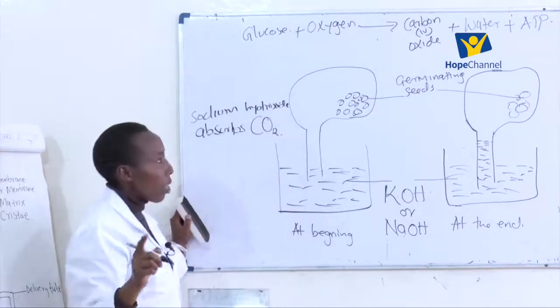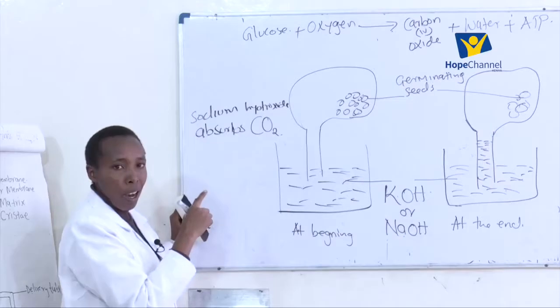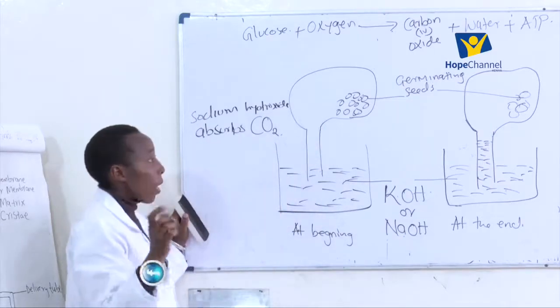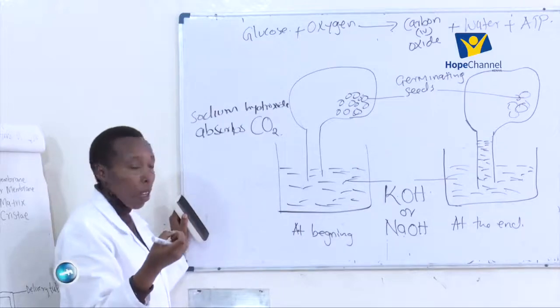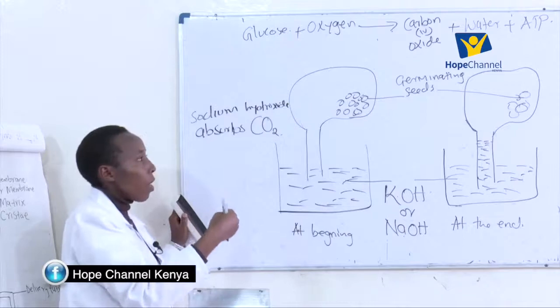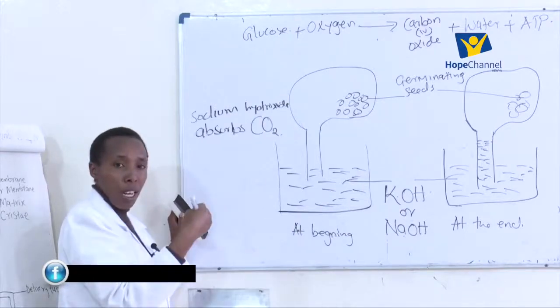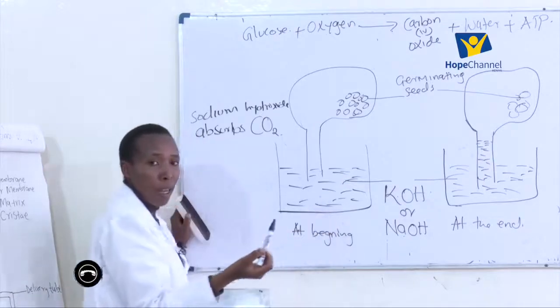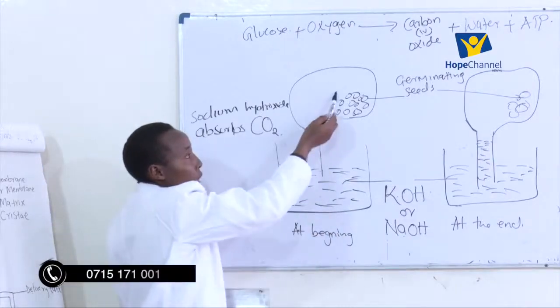So at the end of it, the amount of air that you add inside this flask has reduced by removing the oxygen. Of course, we expect to replace the amount of air used by releasing carbon dioxide, but now carbon dioxide is being absorbed here. So what happens? You create a vacuum inside here.